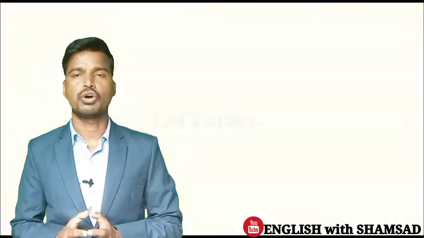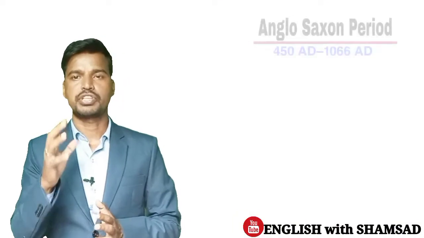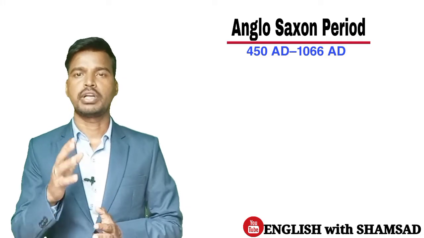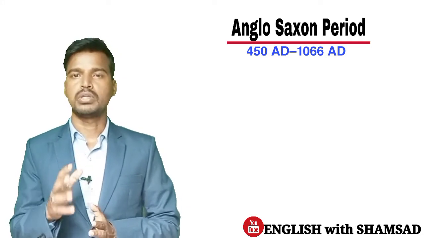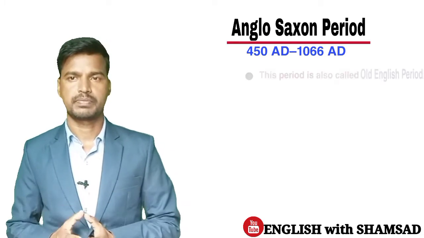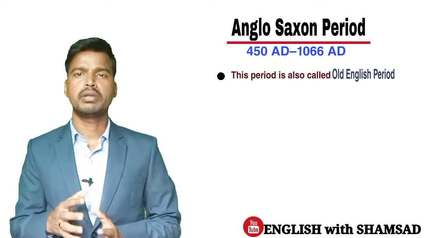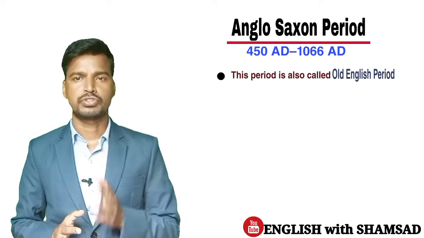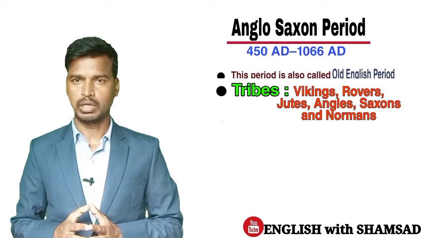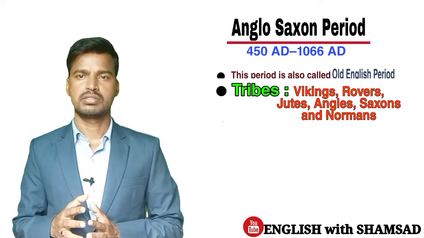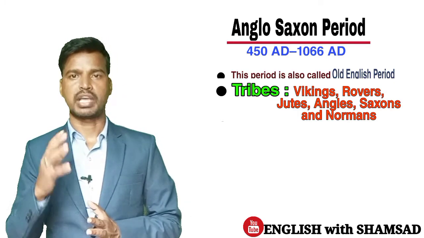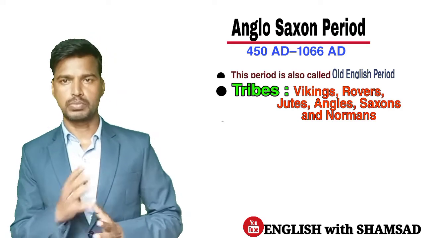The first age or period is the Anglo-Saxon period, which has a time duration of 450 AD to 1066 AD. This age is also called Old English. During this age, there were many Germanic tribes who lived and fought in between, and those were Vikings, Rovers, Jutes, Angles, Saxons and also Normans.